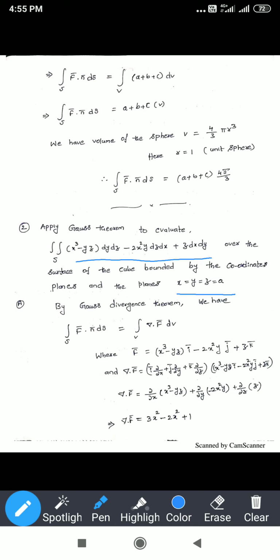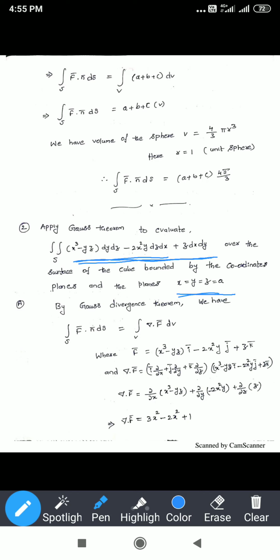What is given in the question is that here you have to pick the f bar. They have given f bar and the planes.